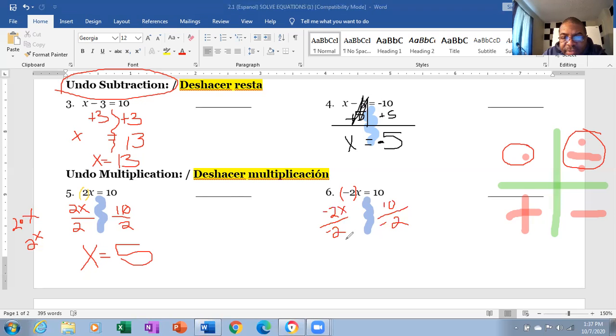So -2 goes into -2 one time. So it's 1x. And as we've said before, you don't need to write the 1. So now we have 10 divided by -2. And the answer is going to be -5.